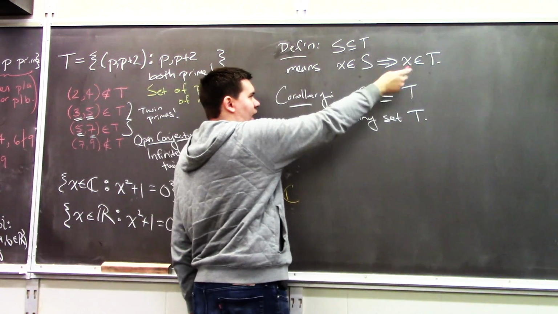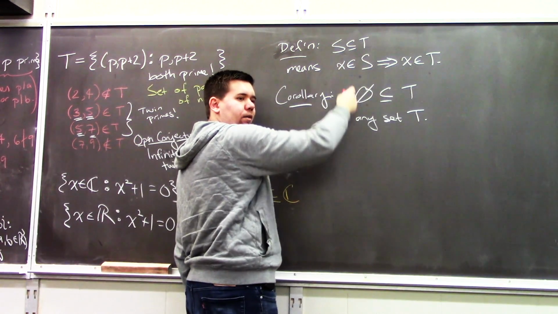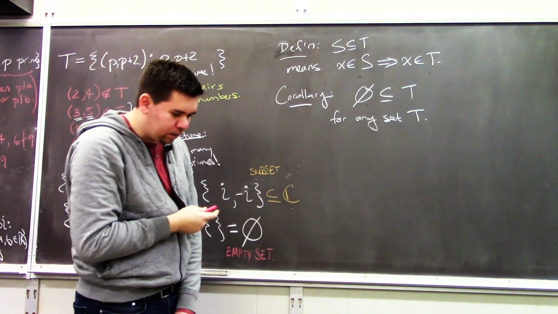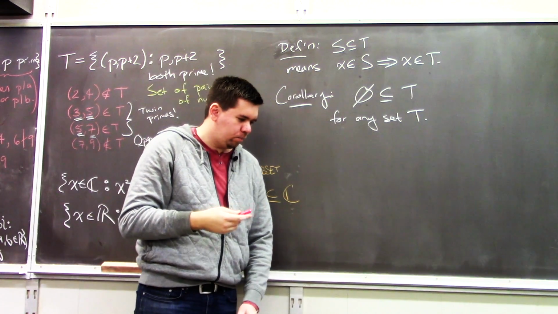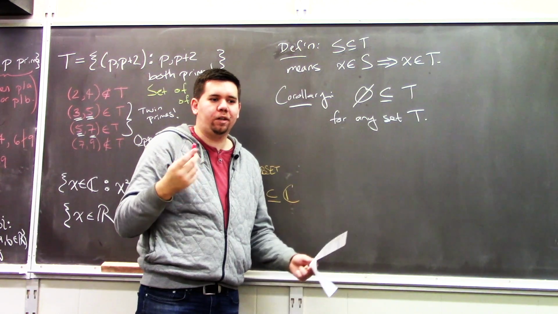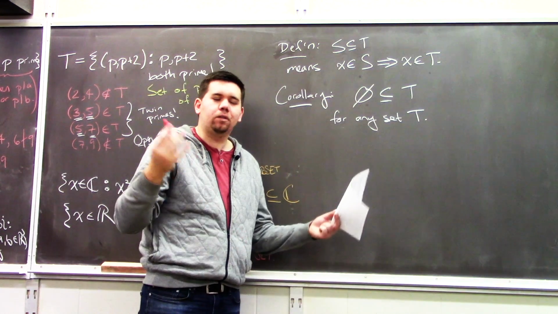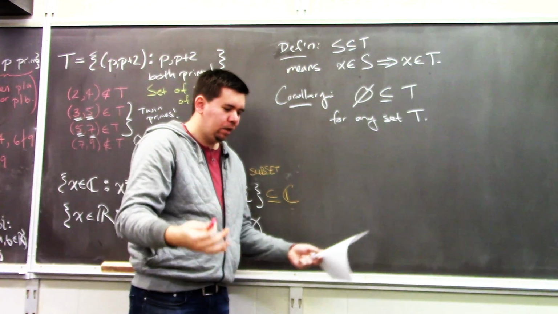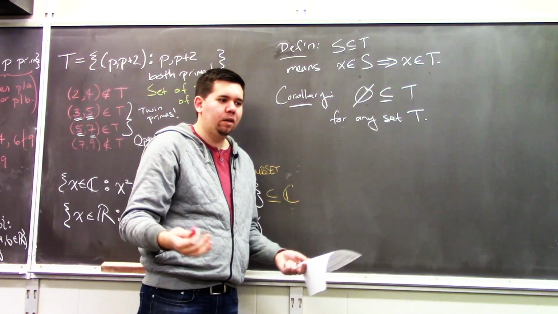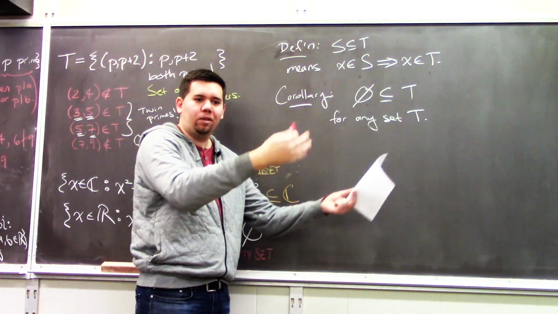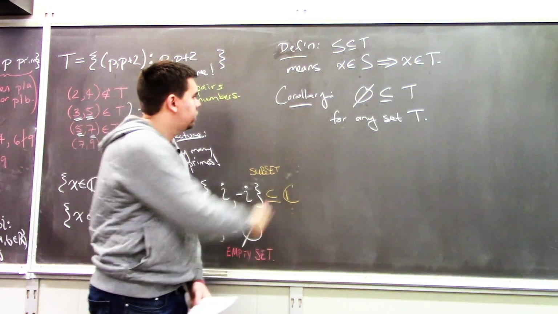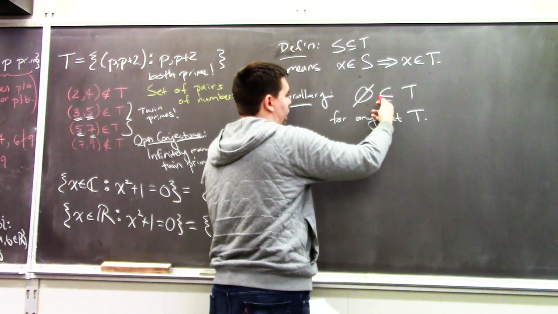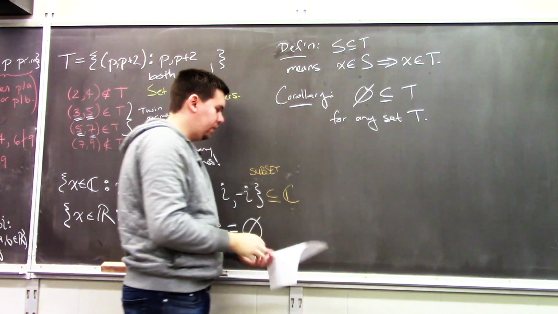An implication is vacuously true because there's no conditions to check. This is like the statement that all Martian mathematicians are 10 feet tall. It's like, yes, because look at any mathematician from Mars, and he or she happens to be 10 feet tall. You should have checked them all. There's none to check. So the condition's satisfied. So the empty set comes out to be a subset of any set.